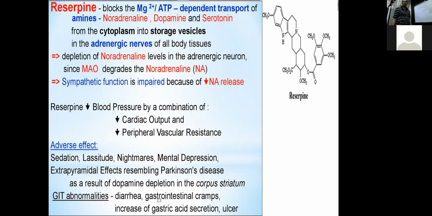So this is the structure of your reserpine.